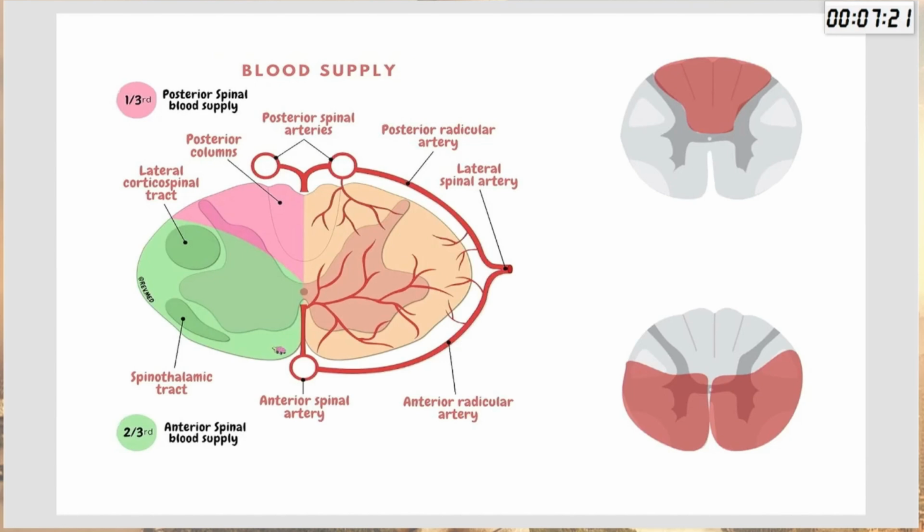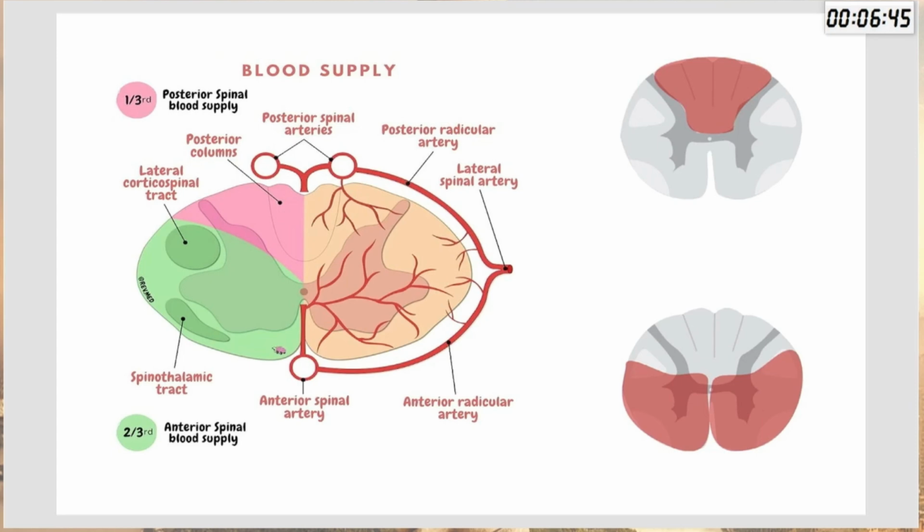With respect to the blood supply, the main blood supply of the anterior two thirds of the cord is from the anterior spinal artery, which is formed at the foramen magnum by two descending branches from the intracranial portion of the vertebral artery, and it extends from the foramen magnum to the conus.